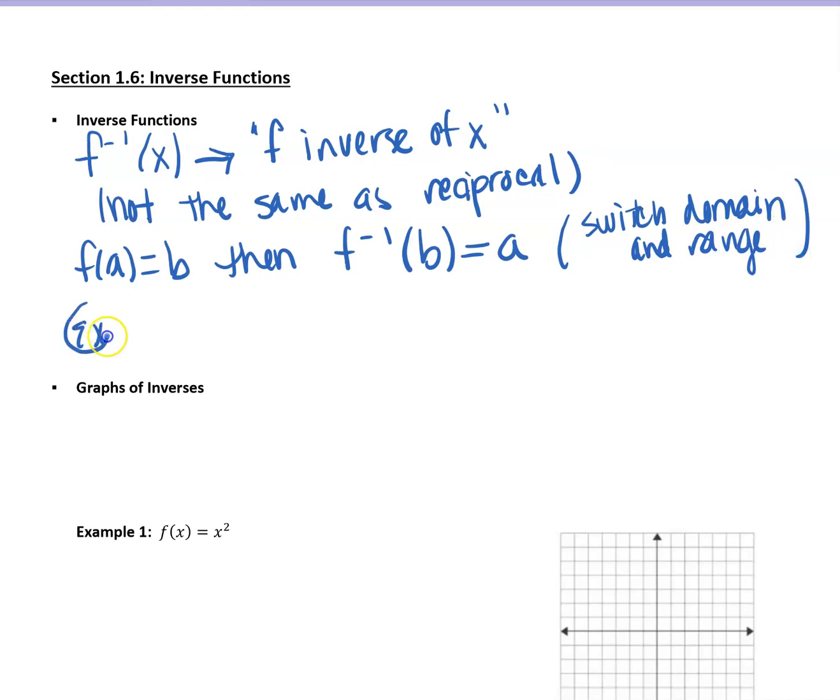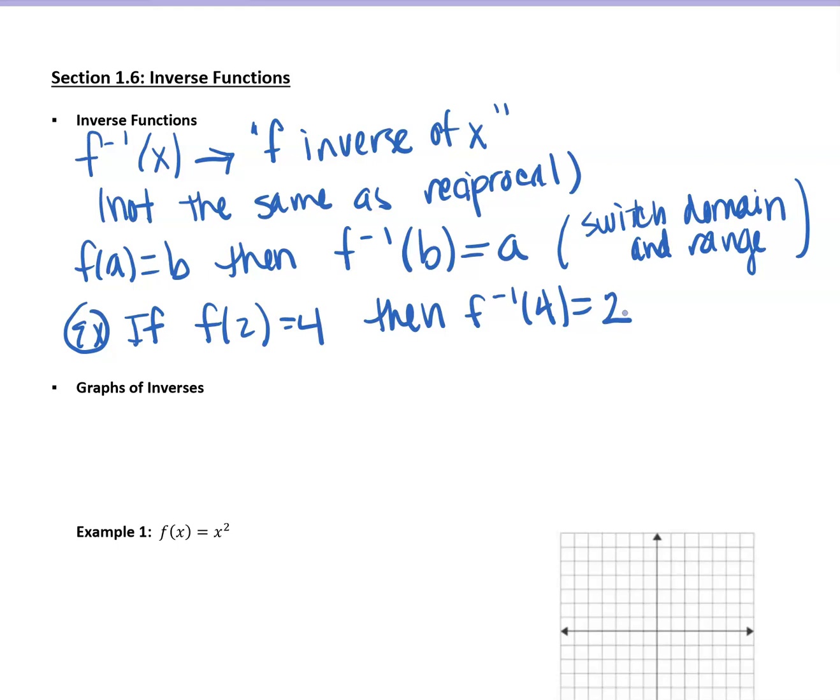At a very simple sense, if f of 2 is equal to 4, then f inverse of 4, going backwards, would be equal to 2. That's a very simple thing, because we are only inverting one object, a 2 to a 4, and then that inverse would be 4 back to 2.